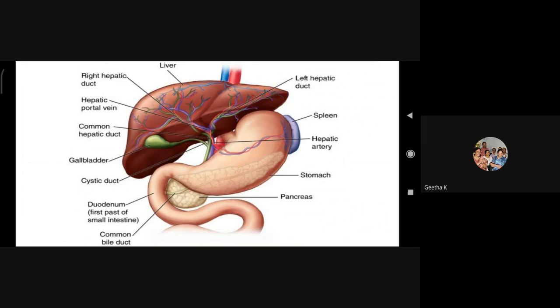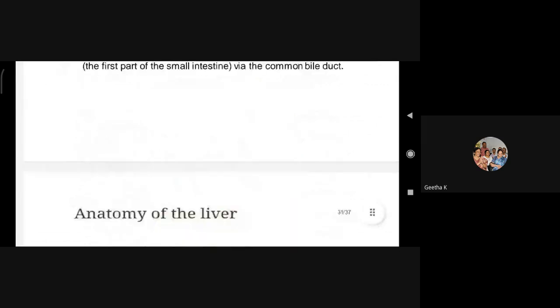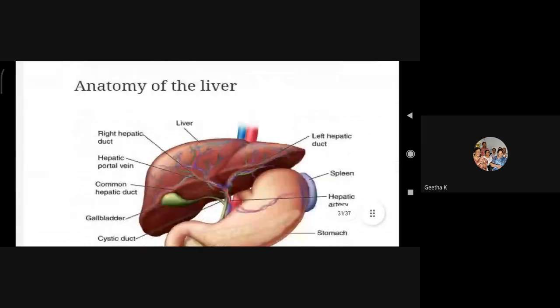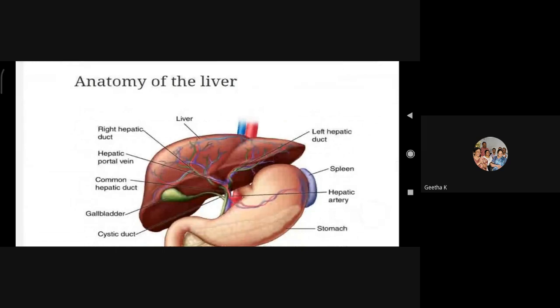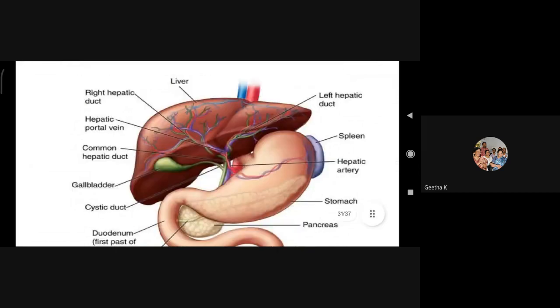So if liver is on the top of stomach, liver should also be on top of the kidney. So liver is located at the right hand side of our body, the right side of the abdominal cavity, and on the top of stomach. Means its one portion is on the top of stomach. Like you can see here, the liver is separated into two lobes.